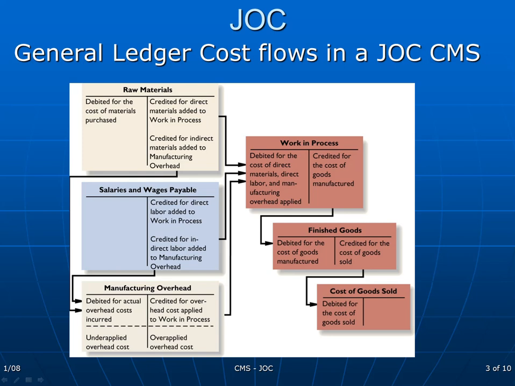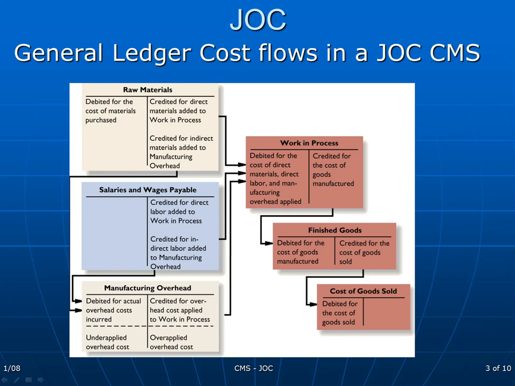We accumulate that cost into our manufacturing overhead cost pool, and in terms of our general ledger financial reporting system, we're going to debit manufacturing overhead and credit cash, for example, when we pay that bill. So our manufacturing overhead account is going to accumulate debits, and those are going to refer to actual manufacturing overhead costs incurred.